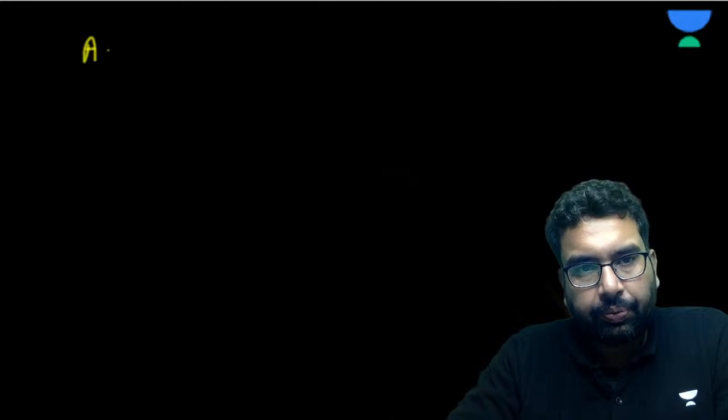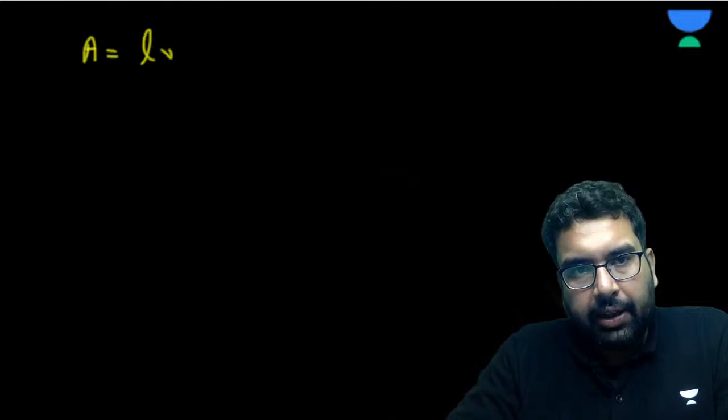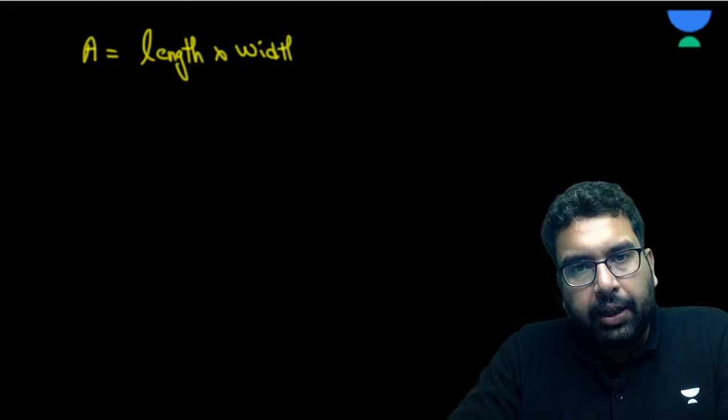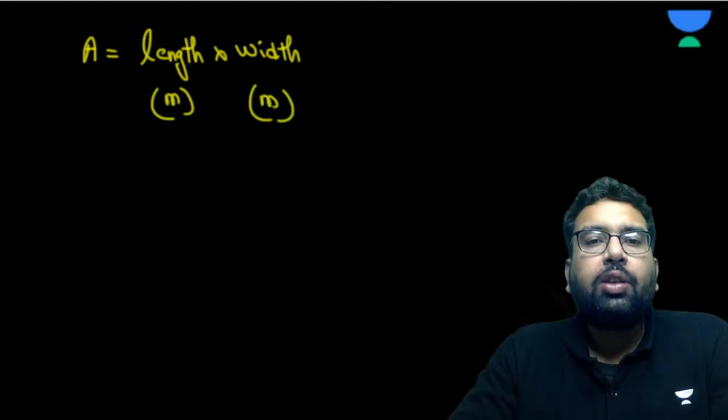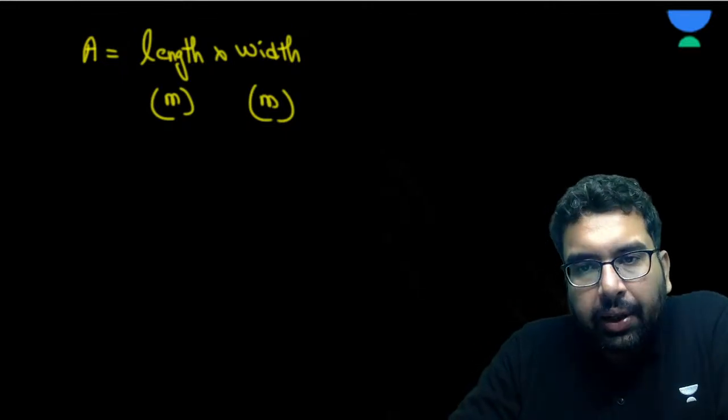For example, if I say area, you will say that area is length into width. The length unit will be meter, and width will also be meter. So width is also in a way representing the length only, isn't it?